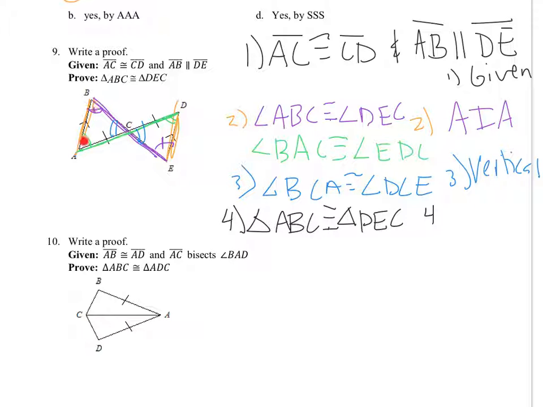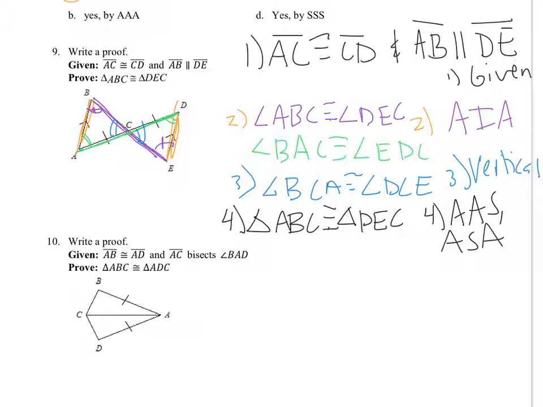You could name the purple green one and do angle, angle, side. Or you could have named the purple blue one and done angle, angle, side. So those are the options that you have there. Either one of those would work for my proof because I made all those statements of the angles right there.